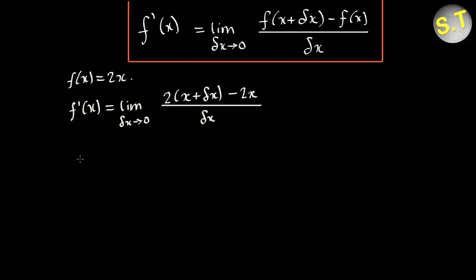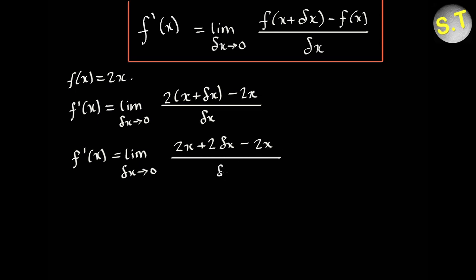So then if we expand the brackets out, we're left with the first derivative is equal to the limit as a small change in x approaches 0 of 2x plus 2 delta x minus 2x, all divided by the small change in x. So it's quite obvious to see in this straightforward example that we can very easily cancel out plus 2x and minus 2x.